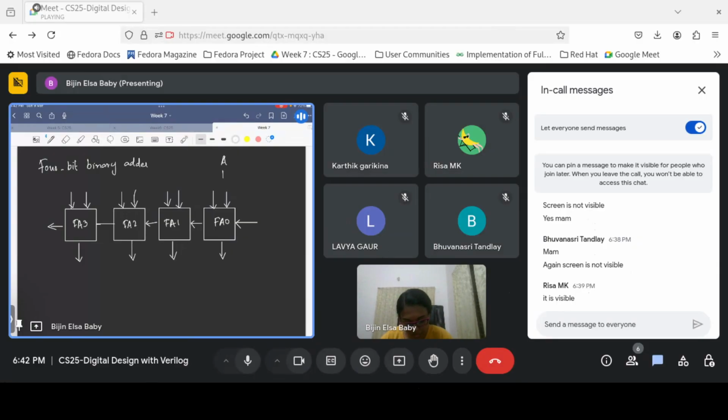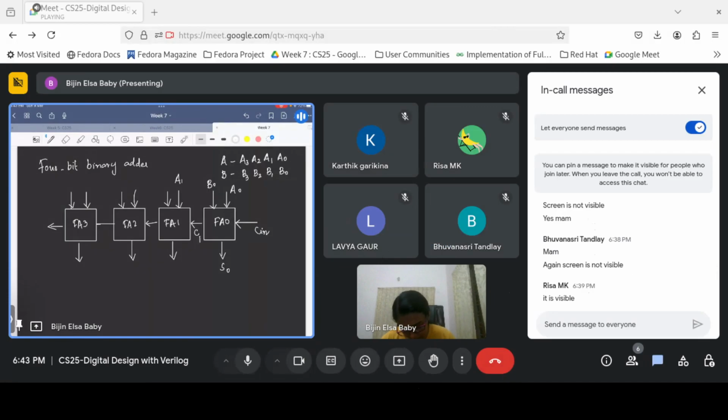So if you have 2 bit numbers, you will have an input carry, and this full adder is going to add the LSB of the two binary numbers along with the carry, and you will get the sum. And here you will have A1, B1, and the next bit.